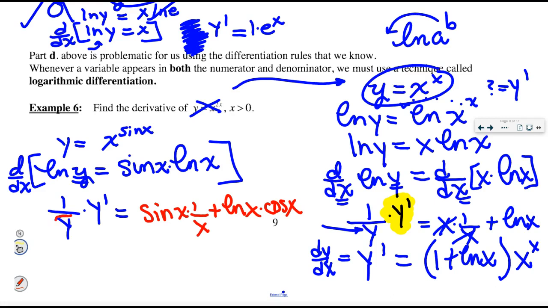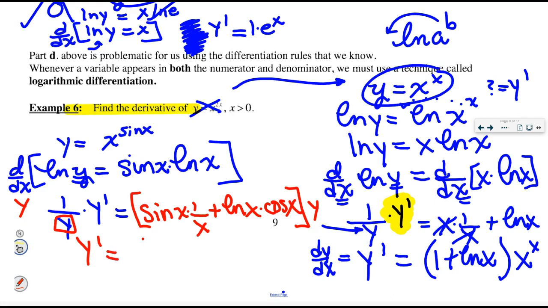Now I want to get rid of the y, so I'll multiply both sides by y. That'll leave me with just the derivative, which is what I'm supposed to find. It said find the derivative of y, which means find y prime.